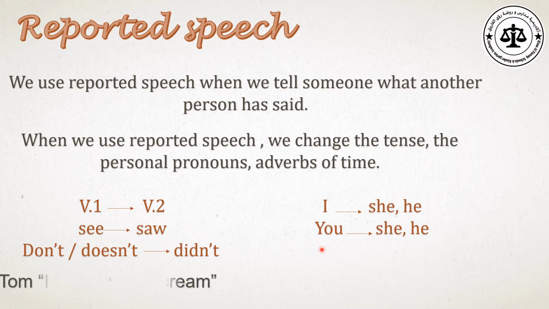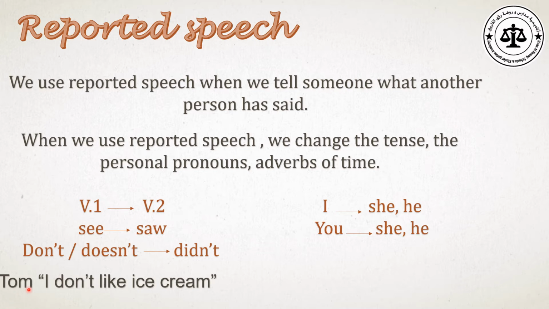Look at this example. This is Tom's speech, هذا كلام Tom: I don't like ice cream. Okay, let's report Tom's speech. I changed into he. Excellent, because we have Tom.